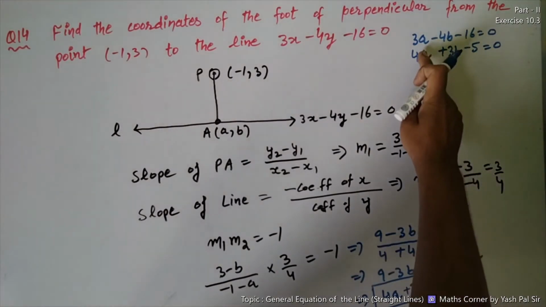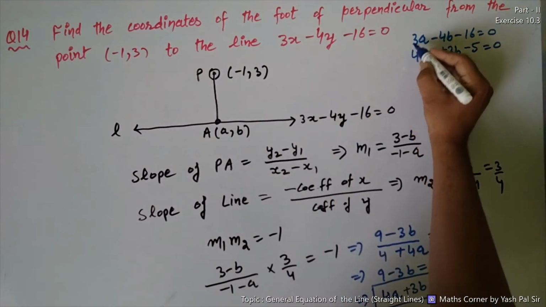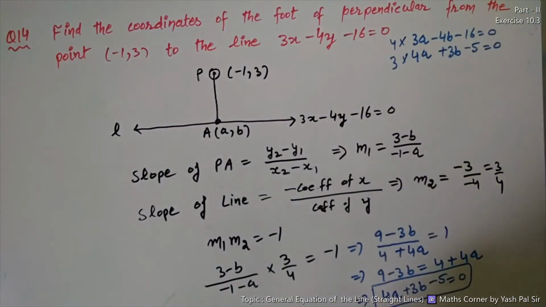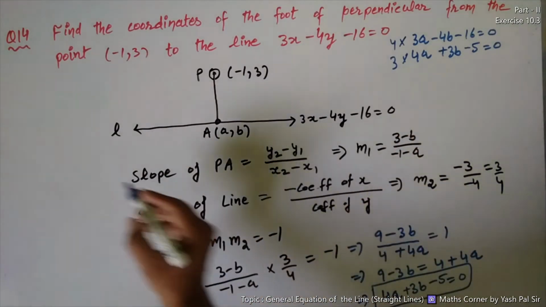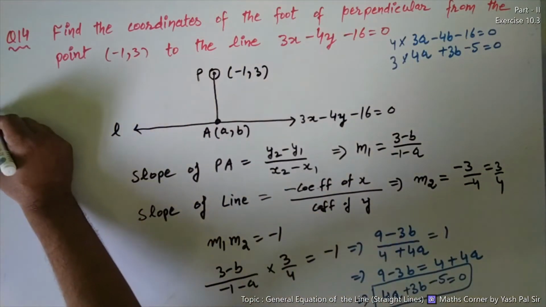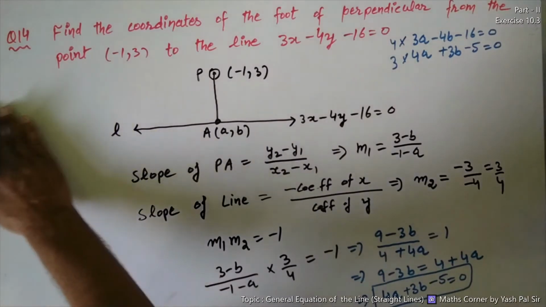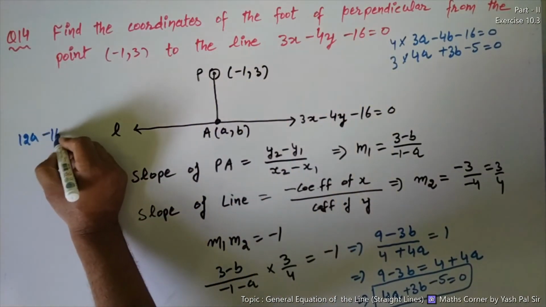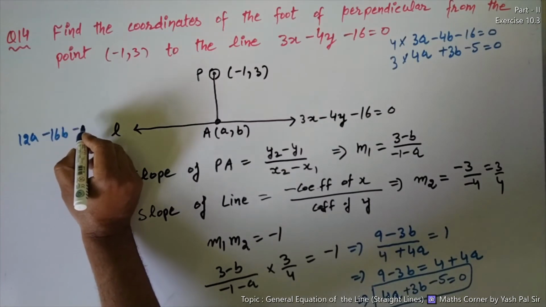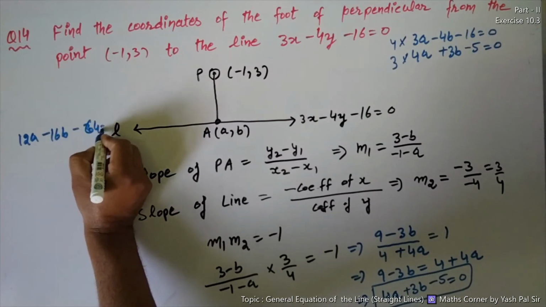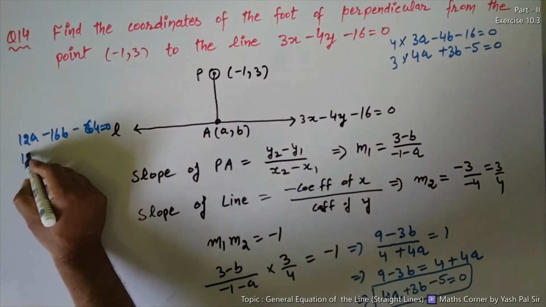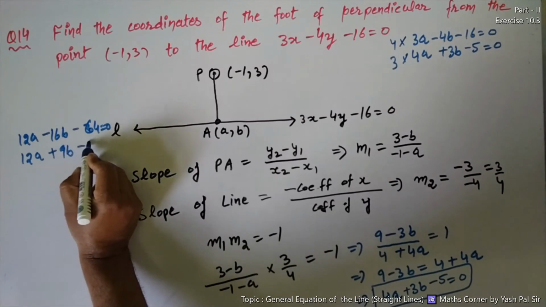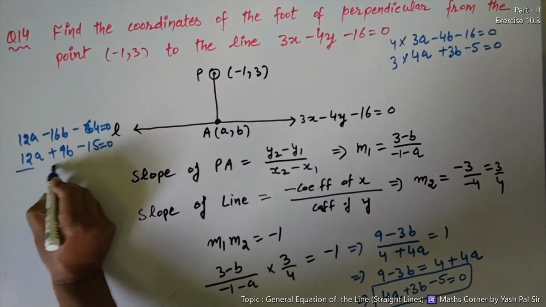Solving this, multiplying the first equation by 4 and the second equation by 3, then subtracting, we have 12a minus 16b minus 64 is equal to 0 and 12a plus 9b minus 15 is equal to 0.